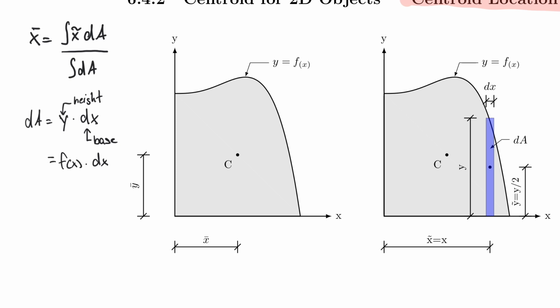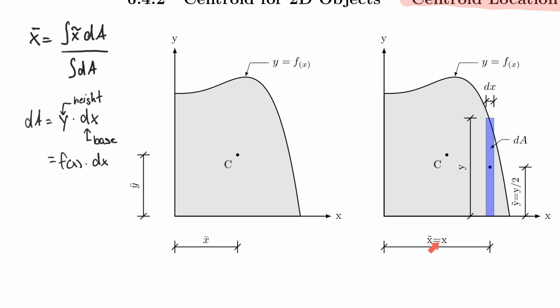And now I'm pretty much almost done. I need my second component, and that is defined down here. So for every dA that I analyze at x, the distance to my origin for this dA must be x tilde, and that is x, right? And so that goes here.